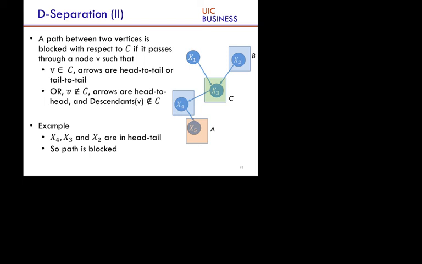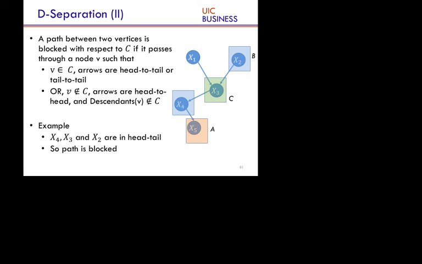These three nodes are in a head to tail type of structure because there's an arrow coming in and there's an arrow going out. So this path from 2 to 4 is blocked. That's all I want to say. The second condition we'll get to later.